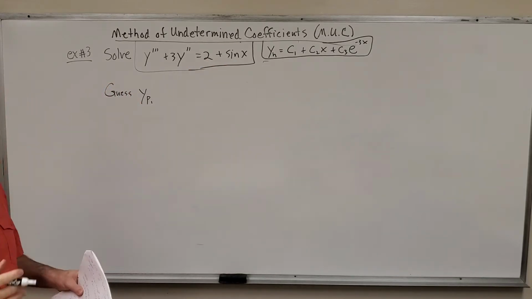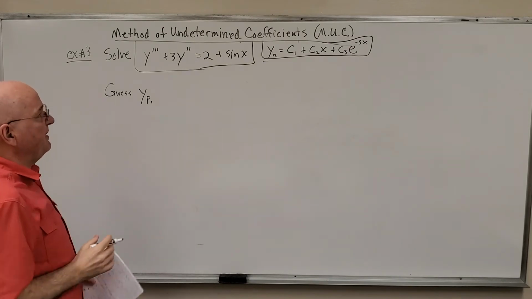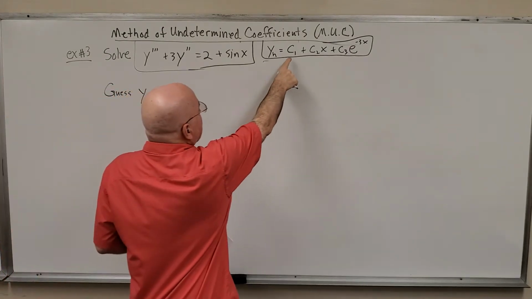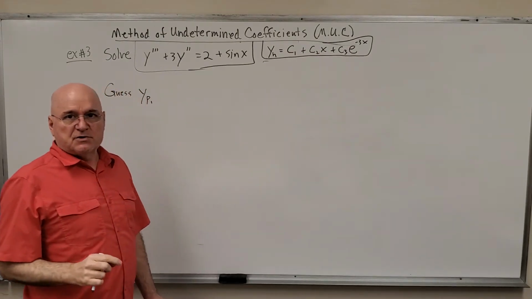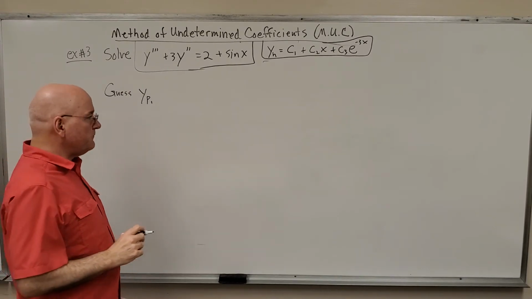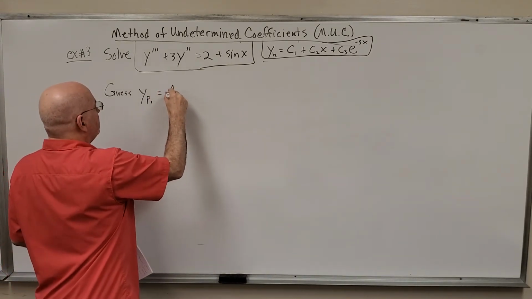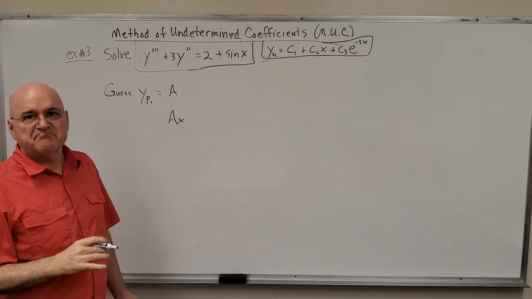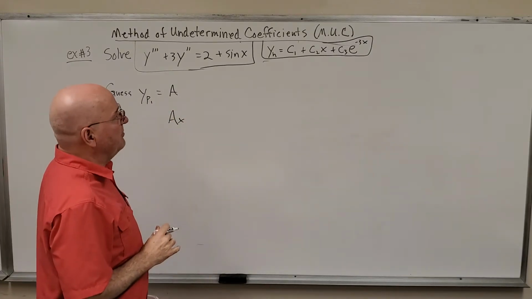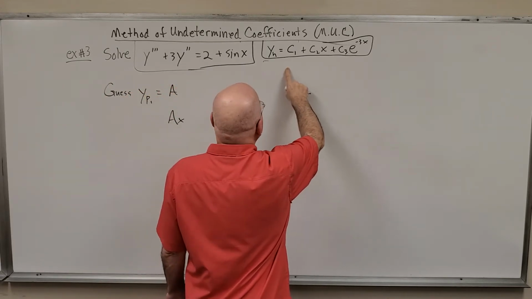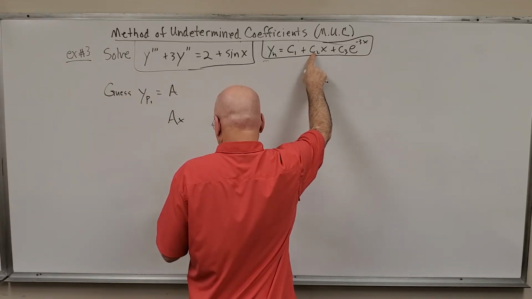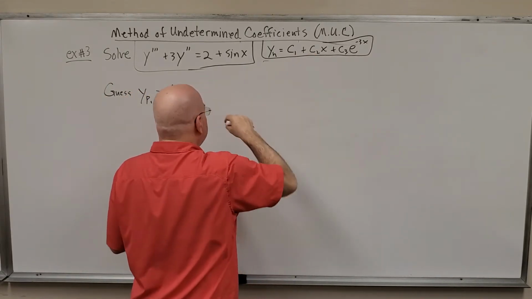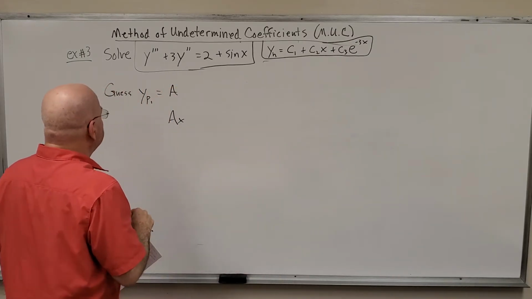I would normally say guess a constant, like a capital A. But a constant shows up in the homogeneous solution, so I can't do that. So then I say, all right, multiply it by x. That'll take care of it. Well, no, it won't. We already have c2 x right here. So I've got to do it one more time.